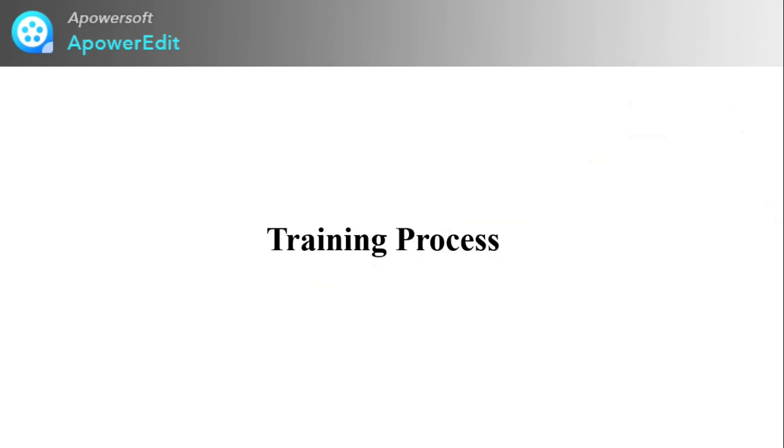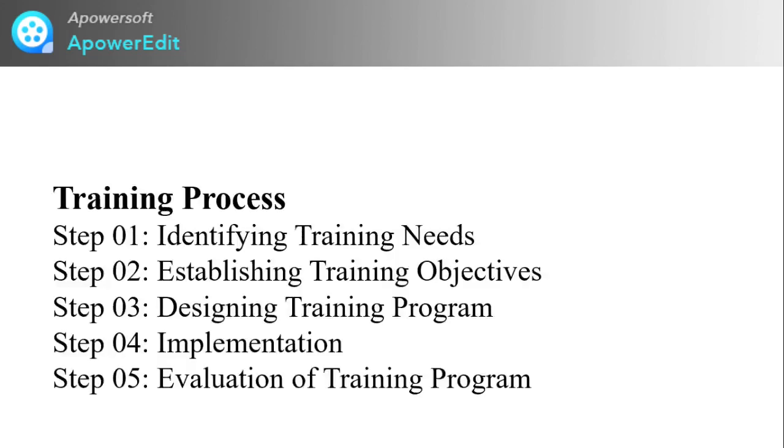In the training process, when we are going to do a training, there are several steps we have to follow. The process consists of several steps. Here I mention only 5 training steps.